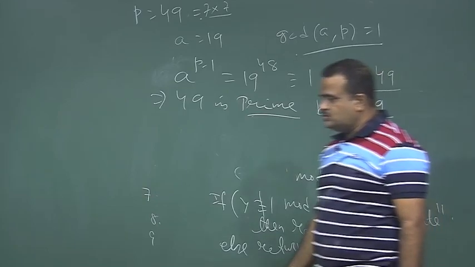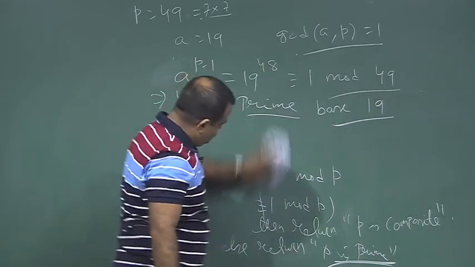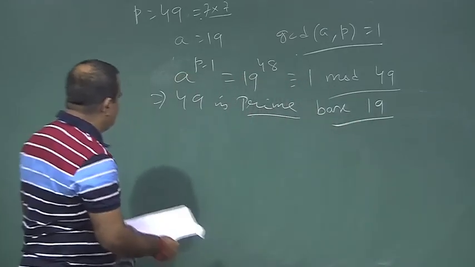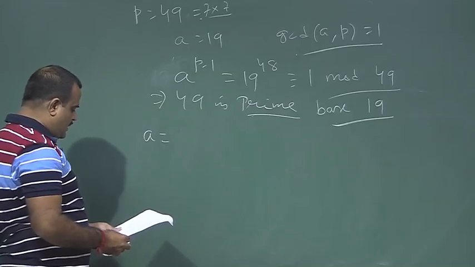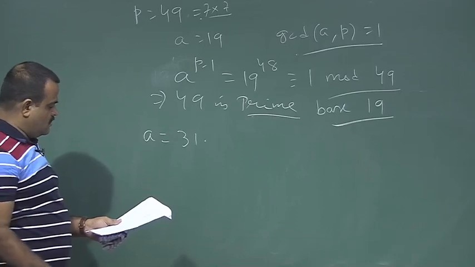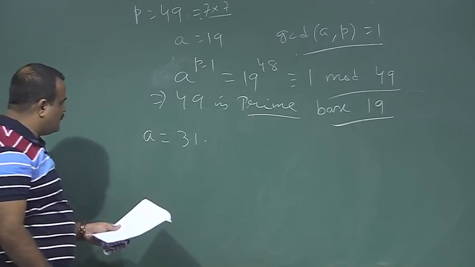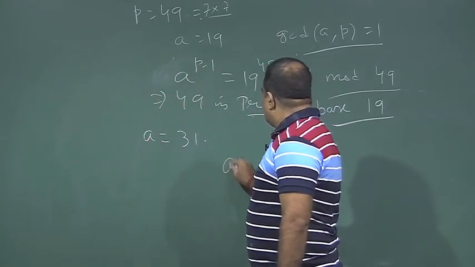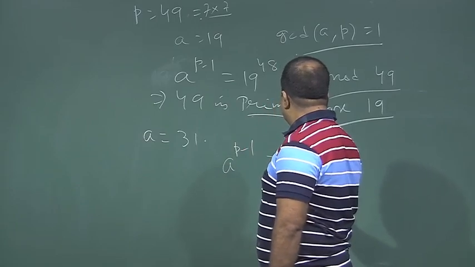Then again, we can try for another a. Say a is equal to 31. If we choose a equal to 31, and then if we compute a to the power p minus 1, it is basically 31 to the power 48.